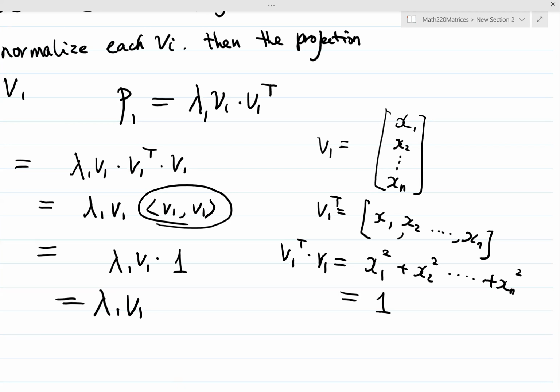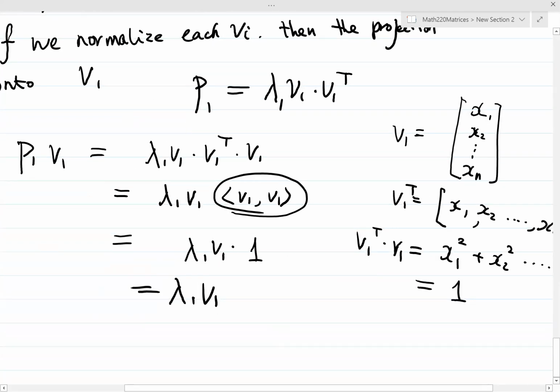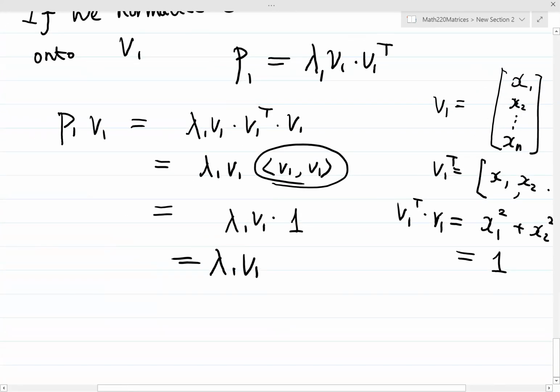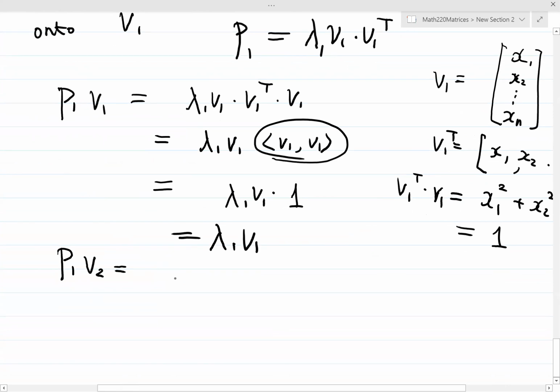Moreover, if you plug in any other orthogonal direction, for instance V2, what happens to P1 V2? Now you see lambda 1 V1 transpose V2.